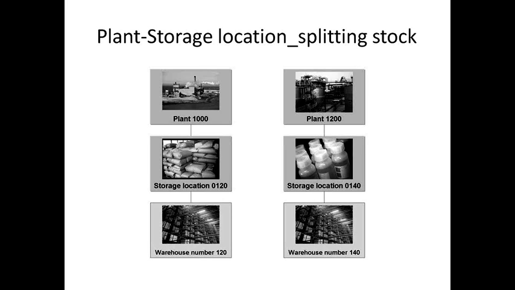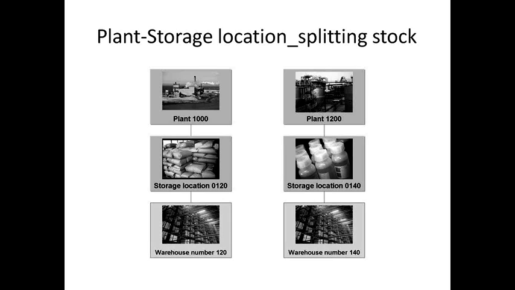So whenever you receive material to 0130, there won't be any warehouse management activities triggered. There won't be any transfer requirement, there won't be any transfer orders, nothing. It is at the storage location level only. So whenever we want to trigger the WM activities, the plant plus storage location combination should be assigned to a warehouse number.